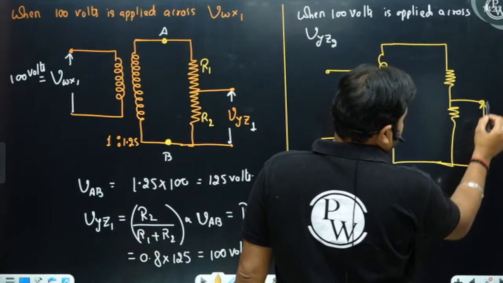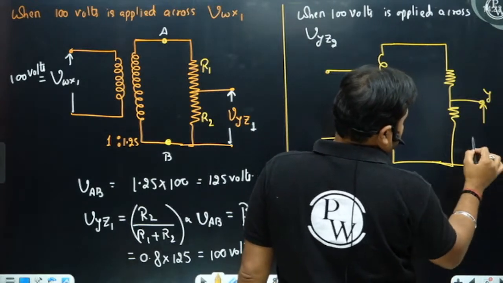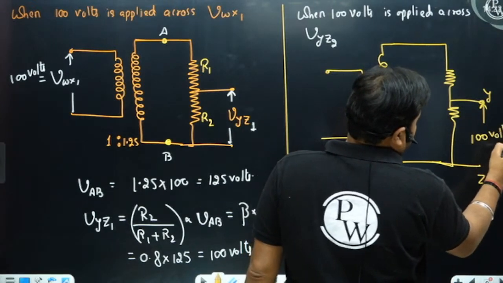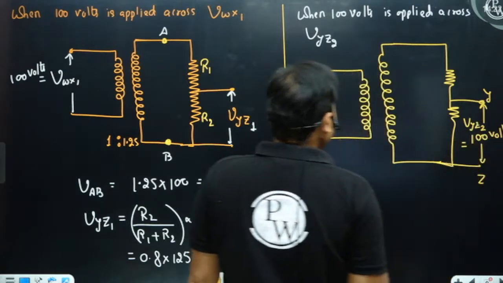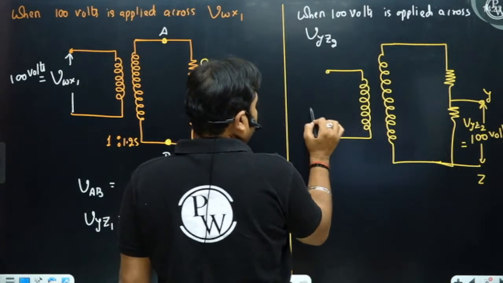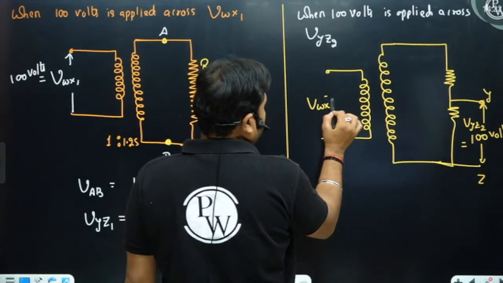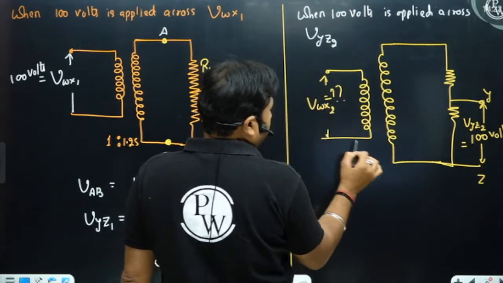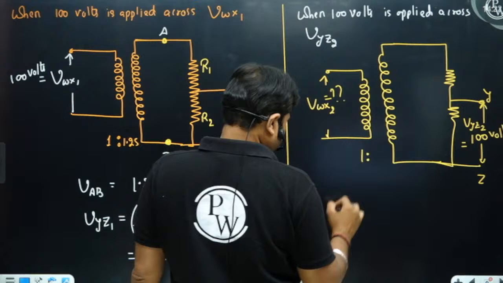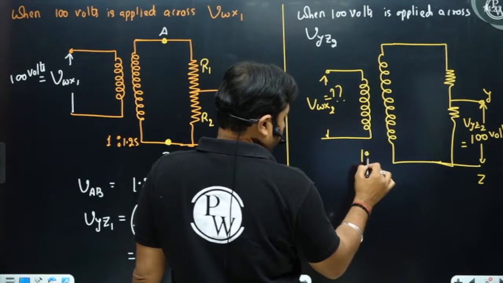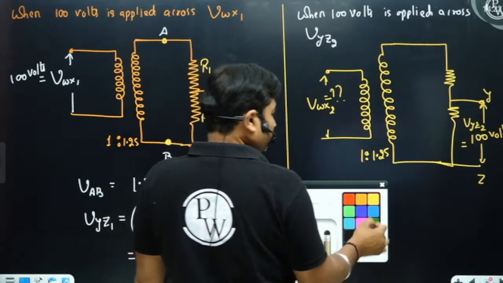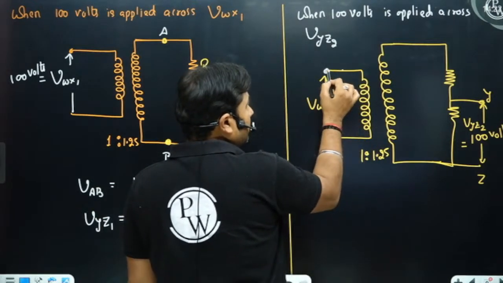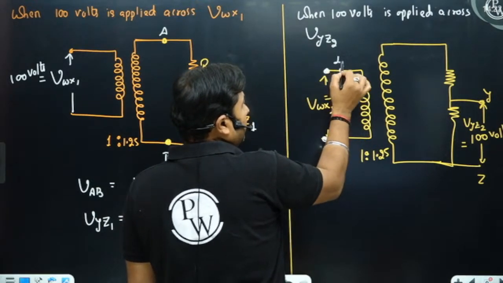You are applying 100 volts. VWX2 you need to identify. 1:1.25. Now please observe, when this is open circuit, it means current here is 0.